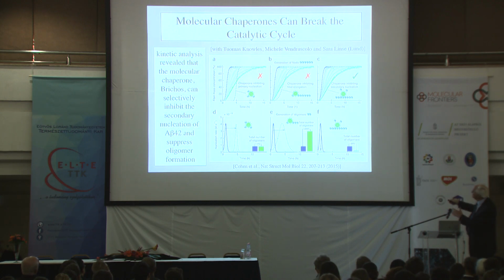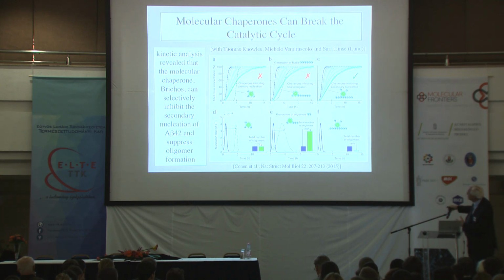And then we took our analytical solution and said, well, what's the mechanism of slowing down? If it had been preventing the primary nucleation, it would just have delayed the whole process, which would then have gone off. If it was elongation, you get a different type of curve. And it turned out that this set of data fitted perfectly to a fit where secondary nucleation, this dominant one in the free A-beta-42, is suppressed.